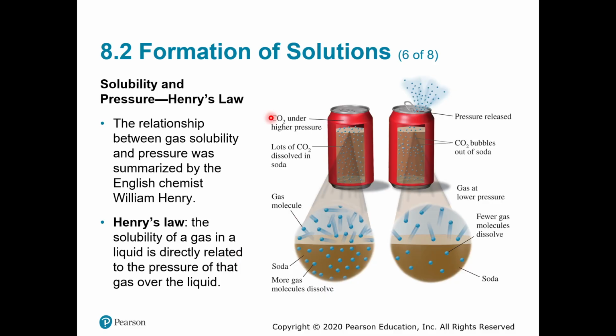Now, this is Henry's law. This is the solubility and pressure. So, this is actually how they pressurize the sodas when they're at the factory. What they do at the factory is they take the soda can or the soda bottle, okay, and they have a little machine that is going to seal up the top there, and it's going to put it under tremendous pressure with lots of CO2. And so then they cap that immediately.